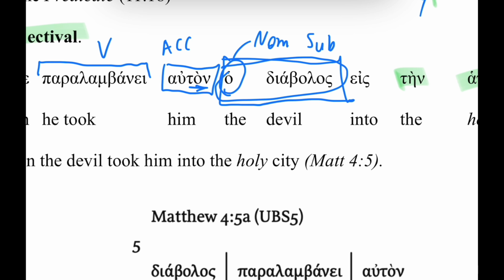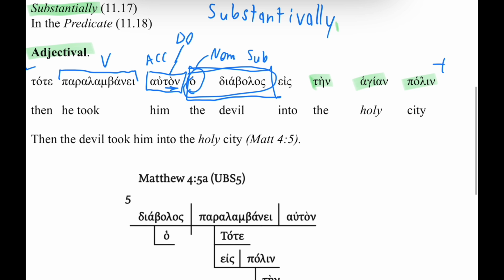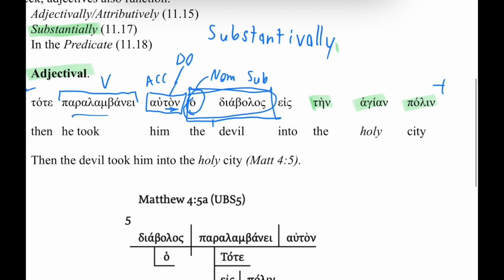So if you figure out the article paradigm and memorize it, it's going to give you a lot of clues as you're going through and translating things. So that is in the accusative, which means in this case, this is the direct object. And then we have, the devil took him into, and here is one big prepositional phrase.